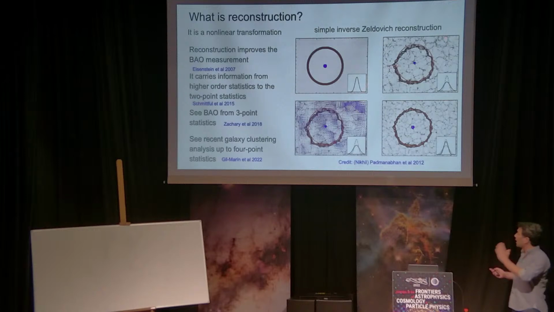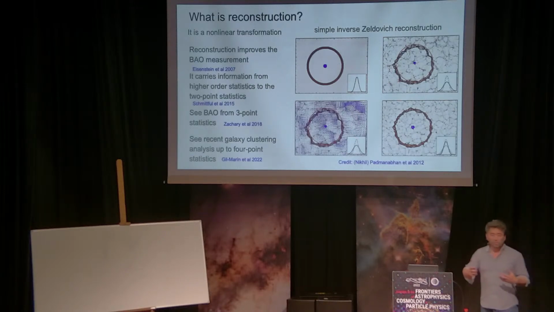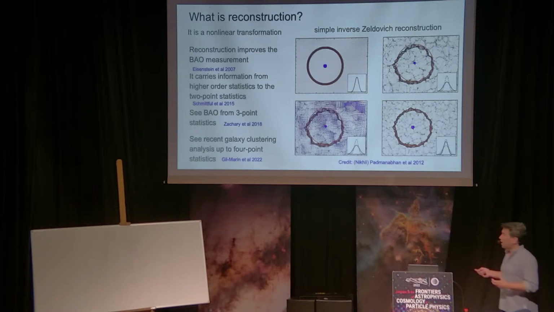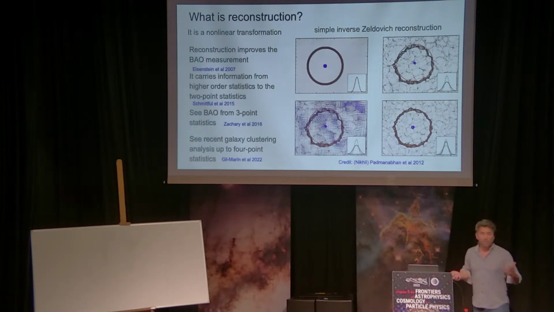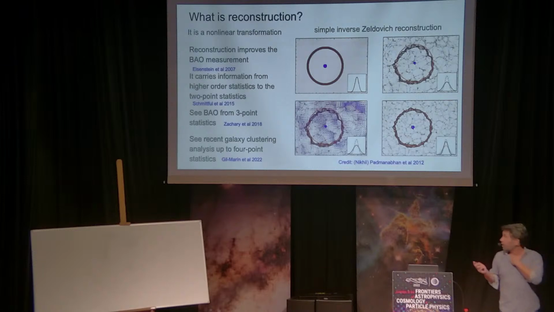You see here a cut through the sphere. This is a nice sketch done by Nikhil Padmanabhan, and you see how the nonlinear structure formation deforms those spheres, and it can take away 5 sigma detection in the BAOs. So what is going on when we do BAO reconstruction, and why is it so useful to apply reconstruction for BAOs, as it was proposed by Daniel Eisenstein in 2007?